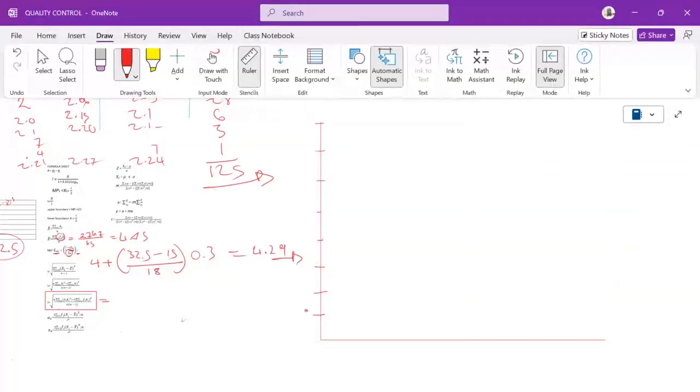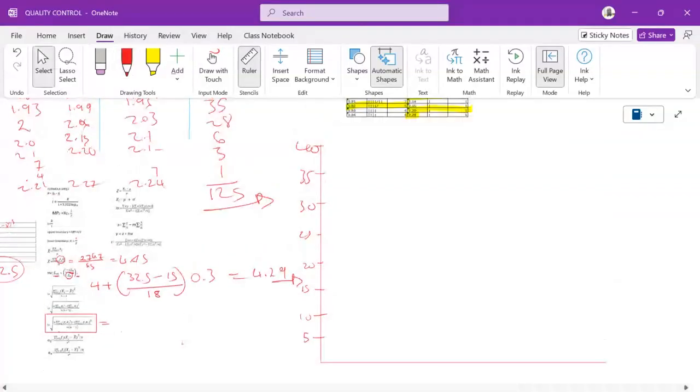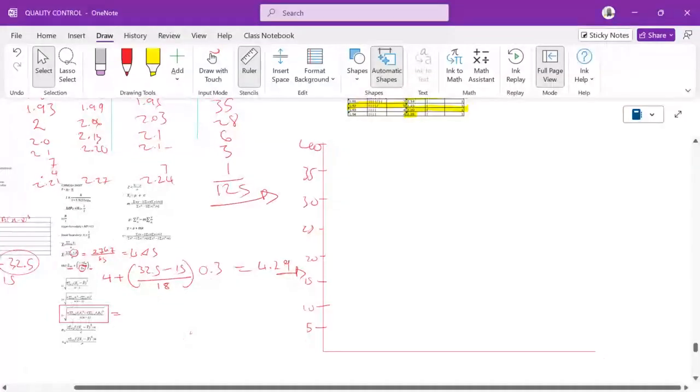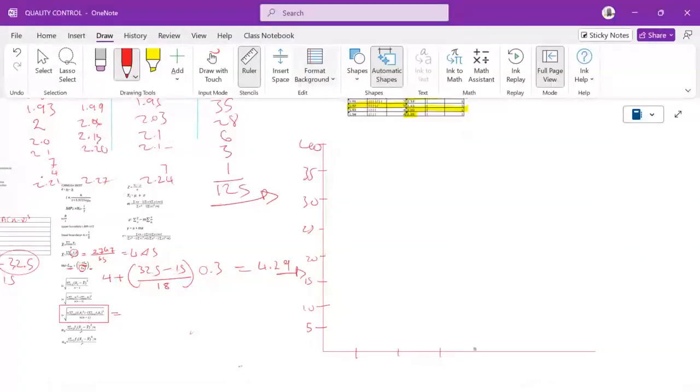So 5, 10, 15, 20, 25, 30, 35, 40. Okay. Then these ones must be 8: 1, 2, 3, 4, 5, 6, 7, and 8. Okay.